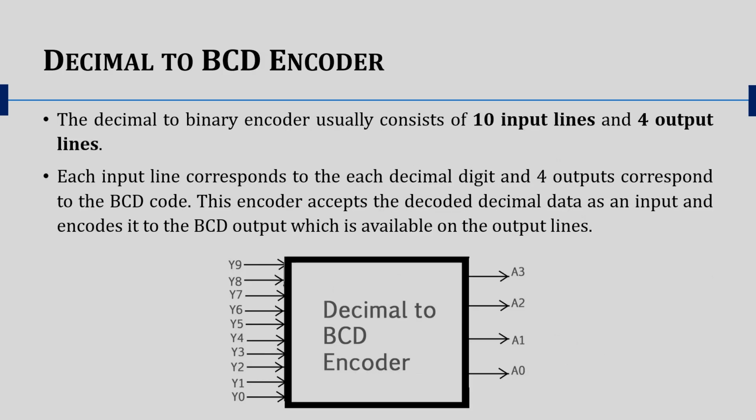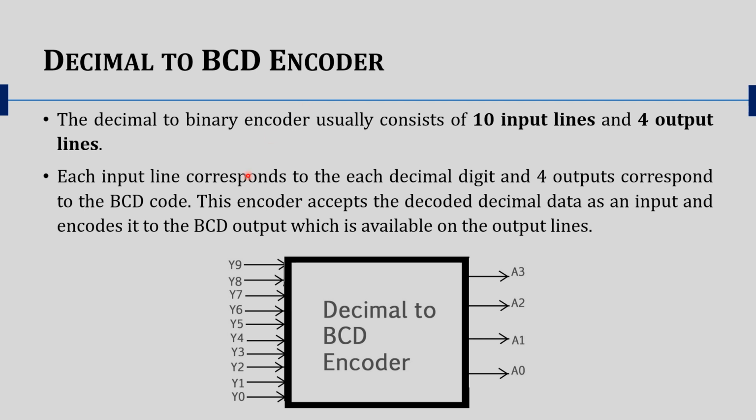So let's look into the decimal to BCD encoder. This decimal to BCD encoder consists of 10 input lines with 4 output lines. So it can also be called a 10 to 4 encoder. It is just the inverse of the 4 to 10 decoder.